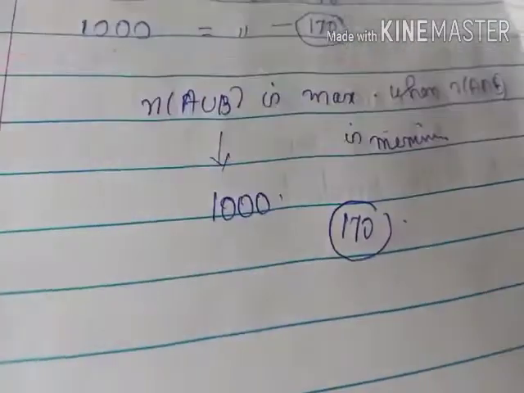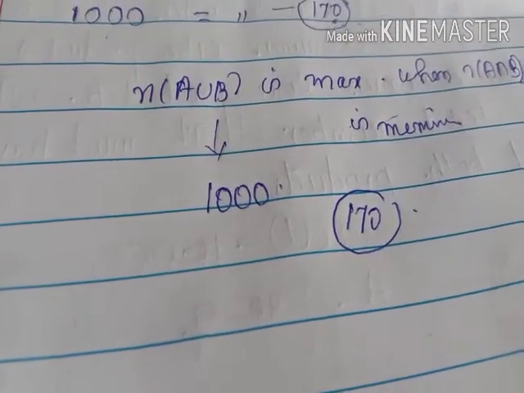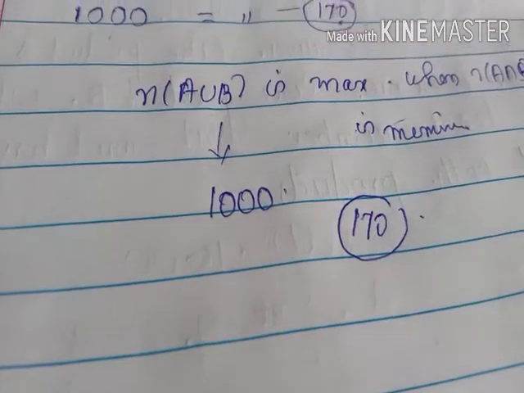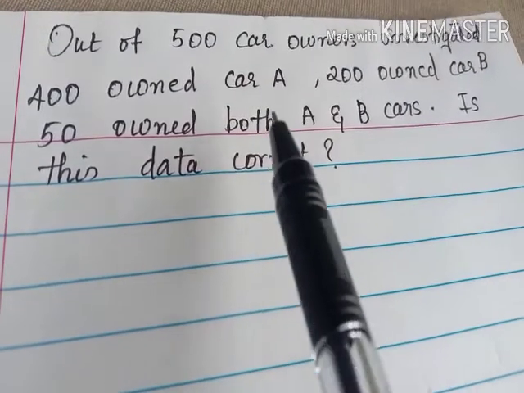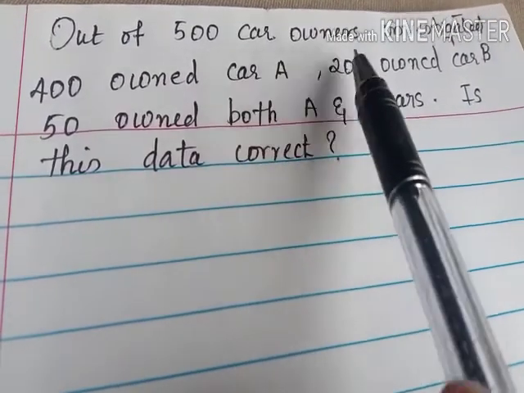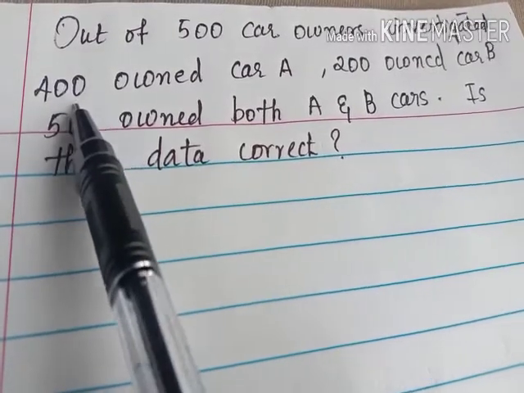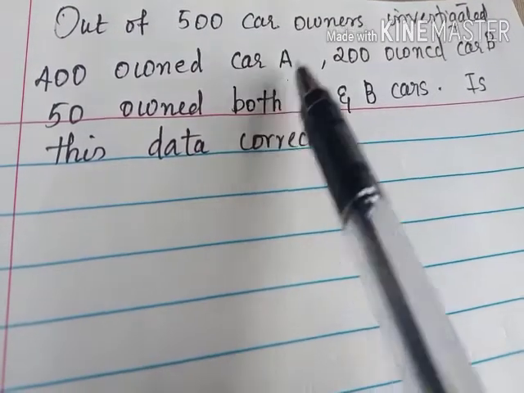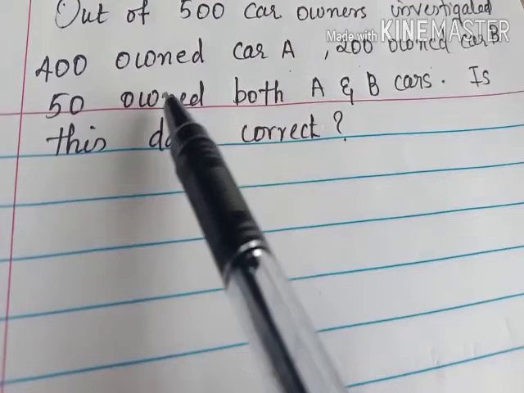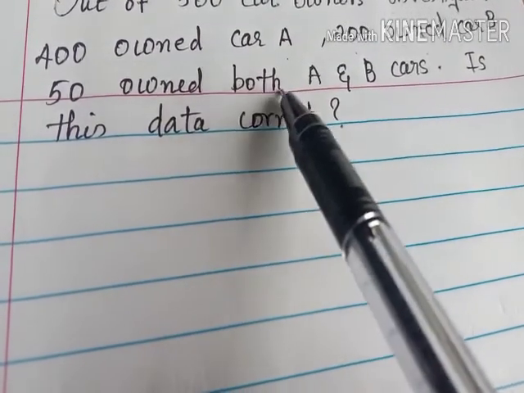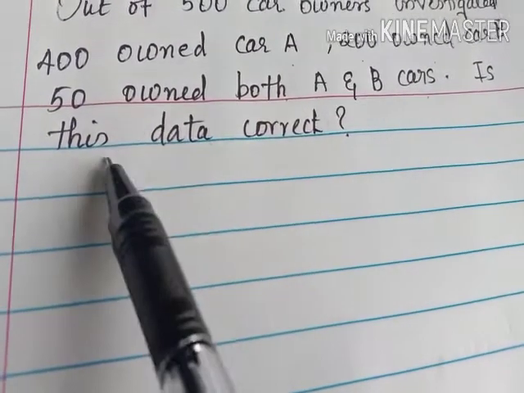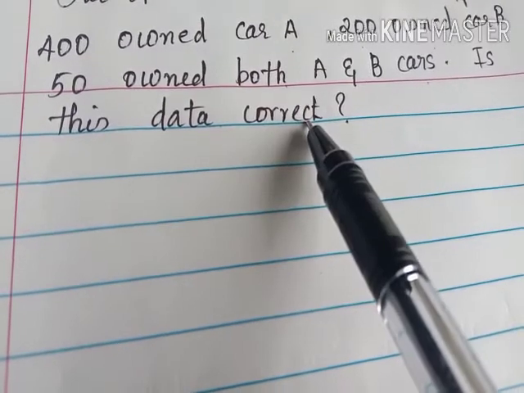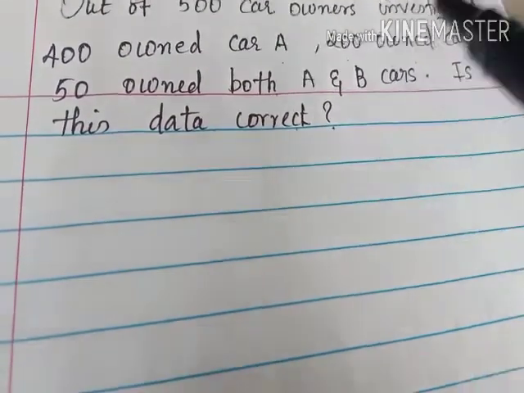Page number 25. Go through the question. For example, out of 500 car owners investigated, 400 own car A, 200 own car B, and 50 own both A and B. Is this data correct? Okay, this is another model.